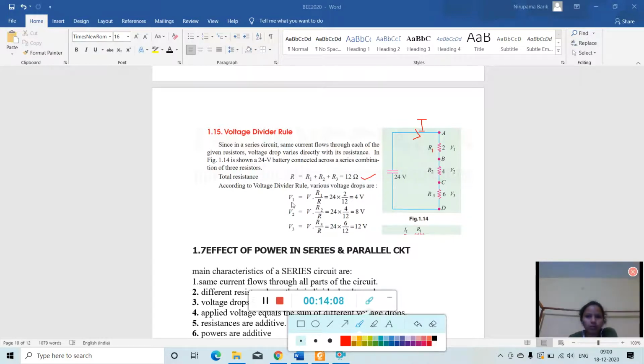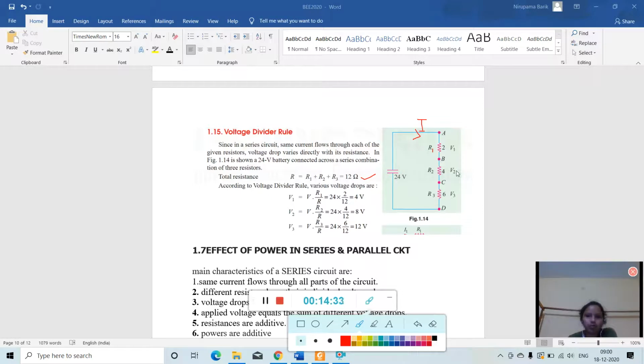the formula is what? Voltage across each resistor, how do we find out? The formula is V1 is equal to V, the total voltage, into the same resistance across which we have to find the voltage. So R1 divided by the sum of all the resistances, or R equivalent. So V1 is V into R1 divided by R, where R is R1 plus R2 plus R3.